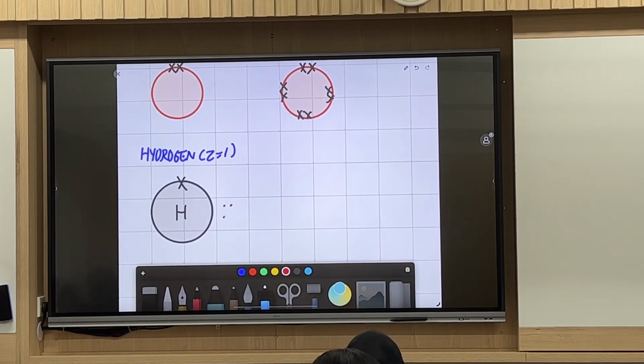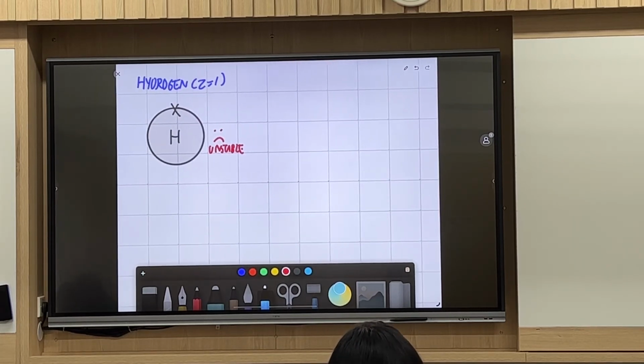It is unstable because it doesn't have a full shell yet in its current electron configuration. What is the closest noble gas electron arrangement? It will be like helium, so it wants to have 2 electrons to make itself stable.